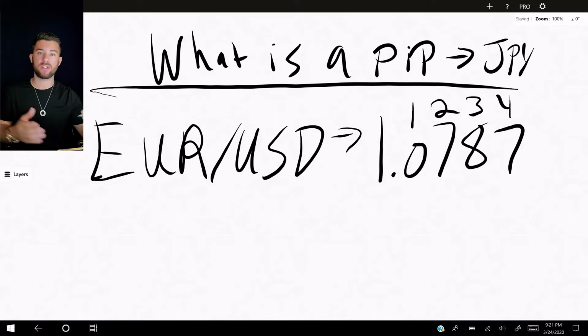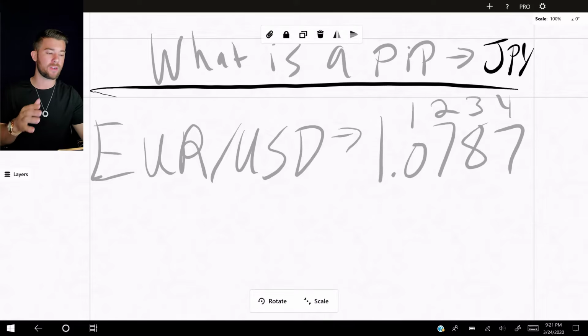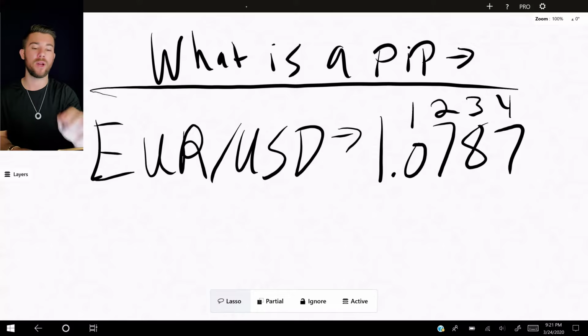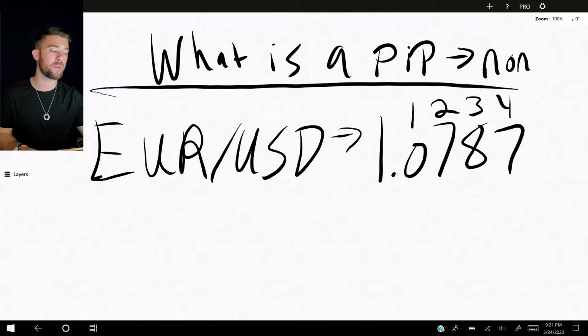Any currency pair with JPY in it is going to be slightly different than this, and we're going to go over that next. So this is going to be what is a pip, and I'm going to put non-JPY here so that no one's confused. This is a pip on every currency pair except yen pairs, which we're going to discuss in just a second. But for every other currency, this is what you're going to use. So this is what is a pip, non-JPY.